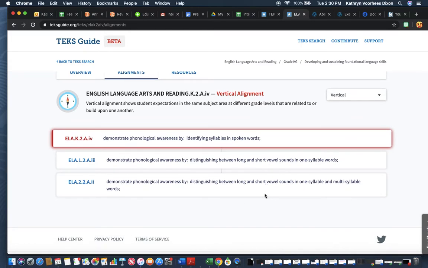Then when they go into second grade, we want them to be able to distinguish between long and short vowels in one syllable and multi-syllable words. So you can see that we're taking it one step further, not just looking at one syllable words, but words with more than one syllable.